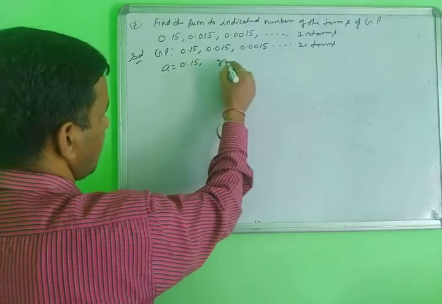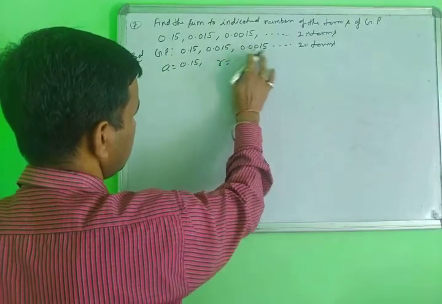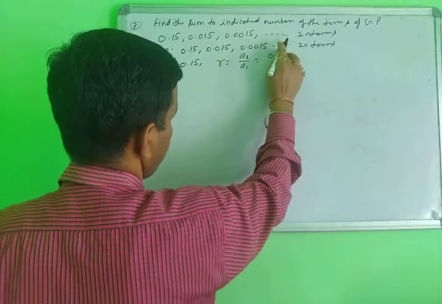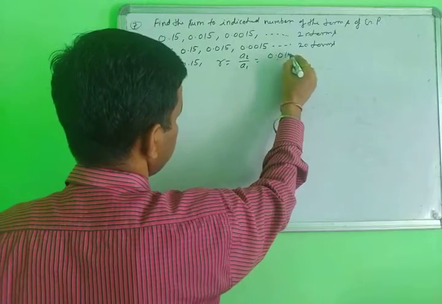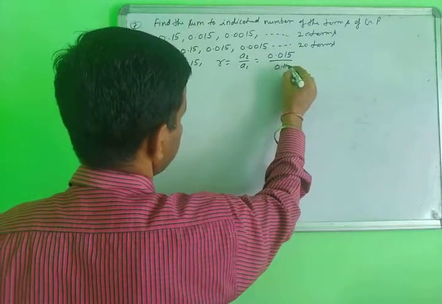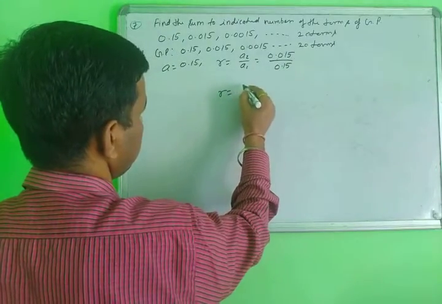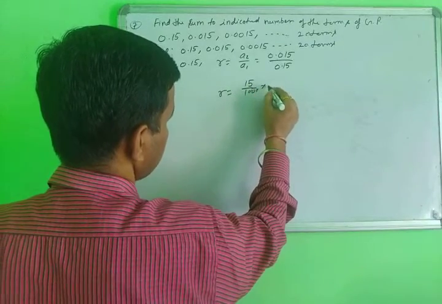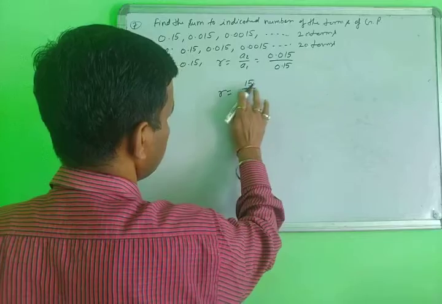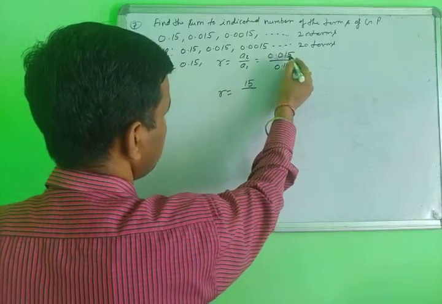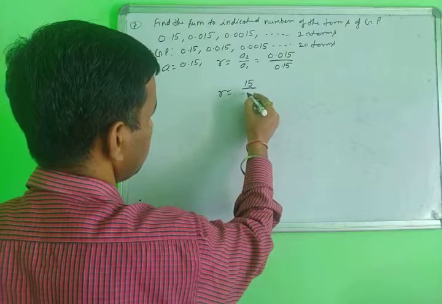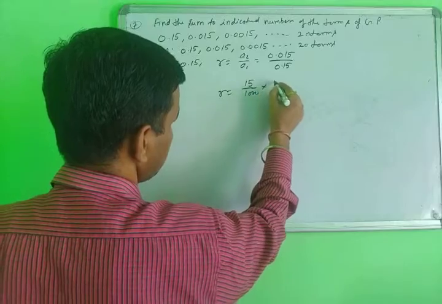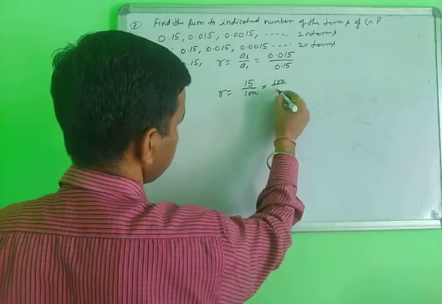What is the common ratio? R equals A2 upon A1, that means 0.015 upon 0.15. What is the value of r?